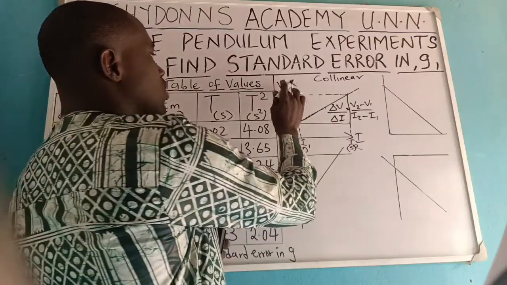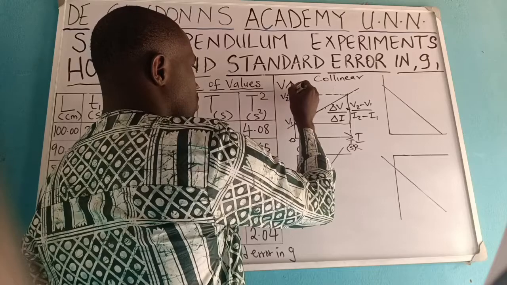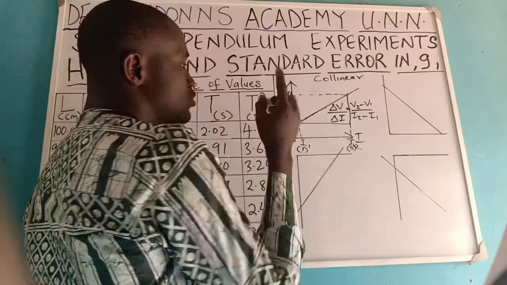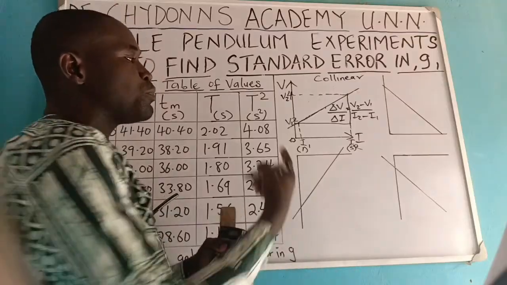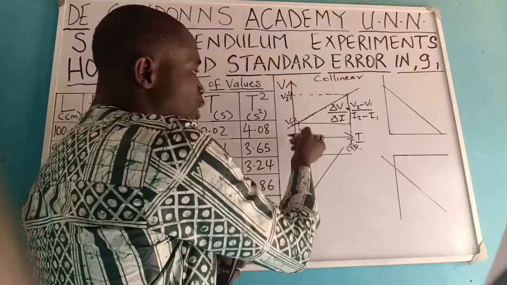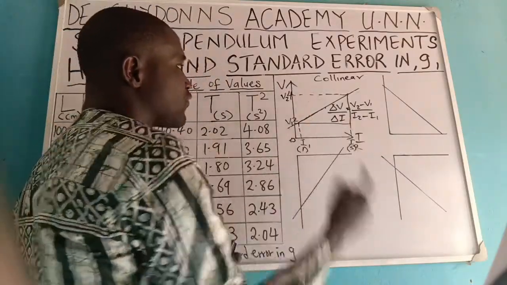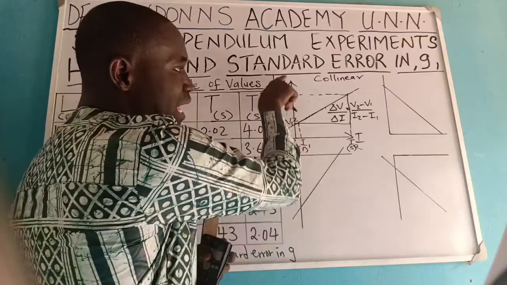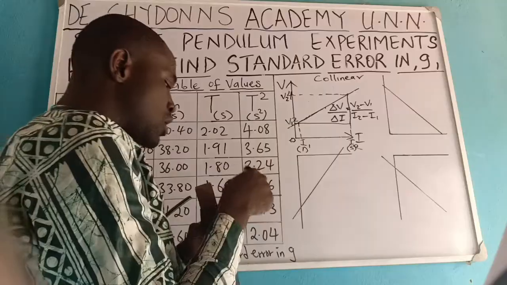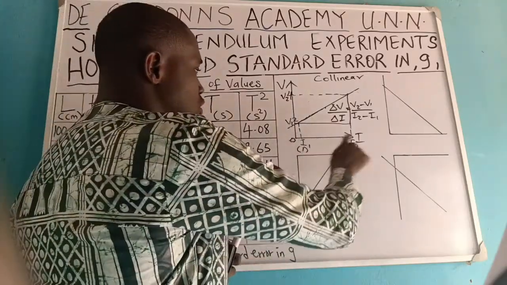Then we'll take here to be, let's say, 4. And take here to be, let's say, 2. We are just giving some assumption. It is only when you have plotted the graph that you will have values on the vertical side and values on the horizontal side.